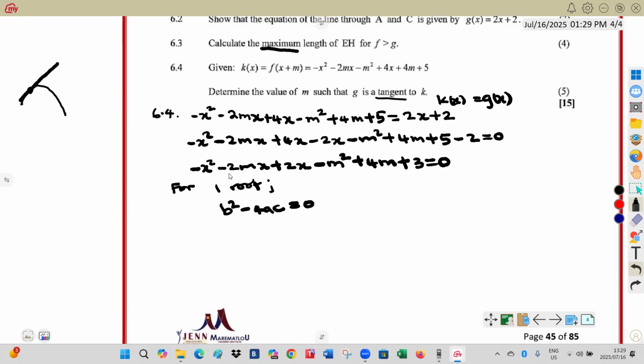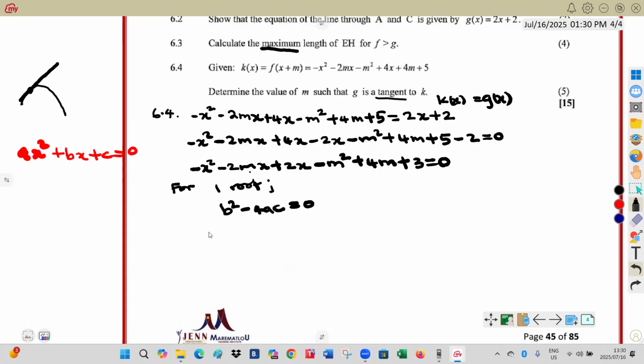So we go to our equation, taking from the standard equation. The standard equation is ax squared plus bx plus c equal to 0. So our b is the coefficient of x. And in this case, our coefficient of x here is what?